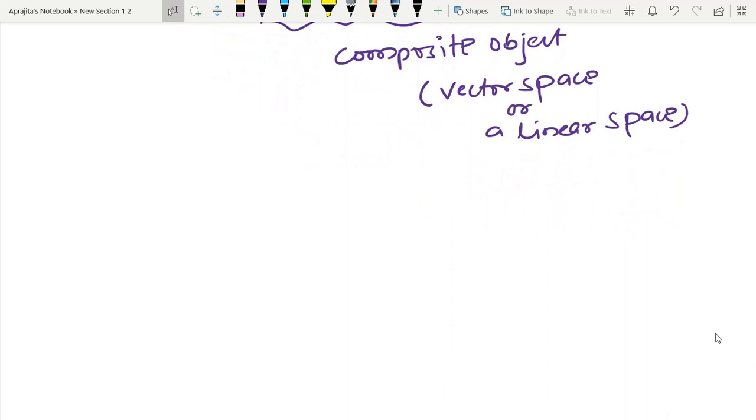One important point I am going to highlight here: the same set of vectors may be part of a number of different vector spaces. We will see this point in the next part of this course.